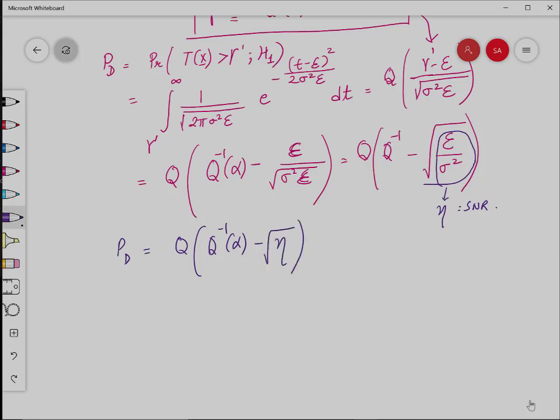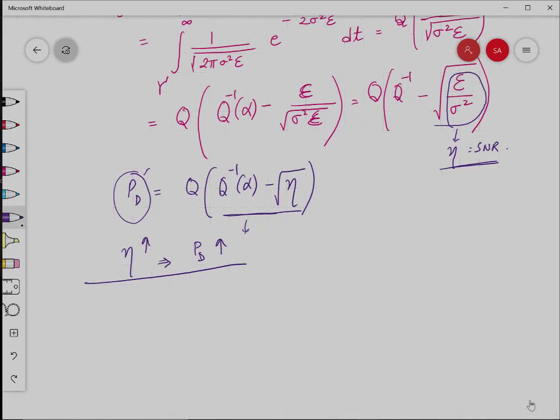One thing to note here is that as we increase the SNR, this particular quantity is going to decrease, and you can see PD increases. This is a very intuitive relation. As you keep on increasing the SNR, you also get a better detection probability. All right.